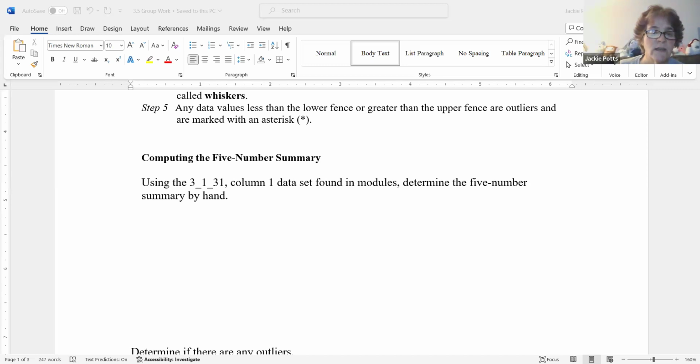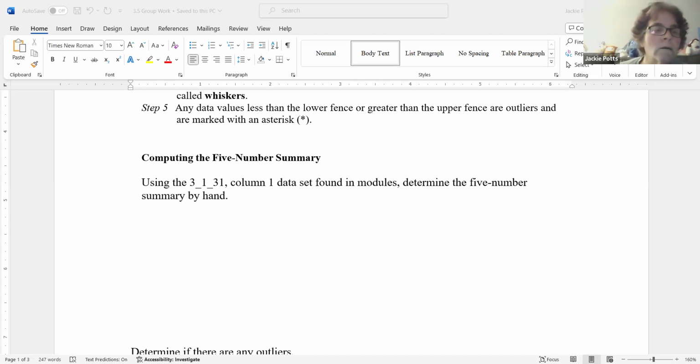StatCrunch. And since we're using a data set from the textbook, it's 3, 1. And just to double check. Yeah, 31. Double checking. Boom.